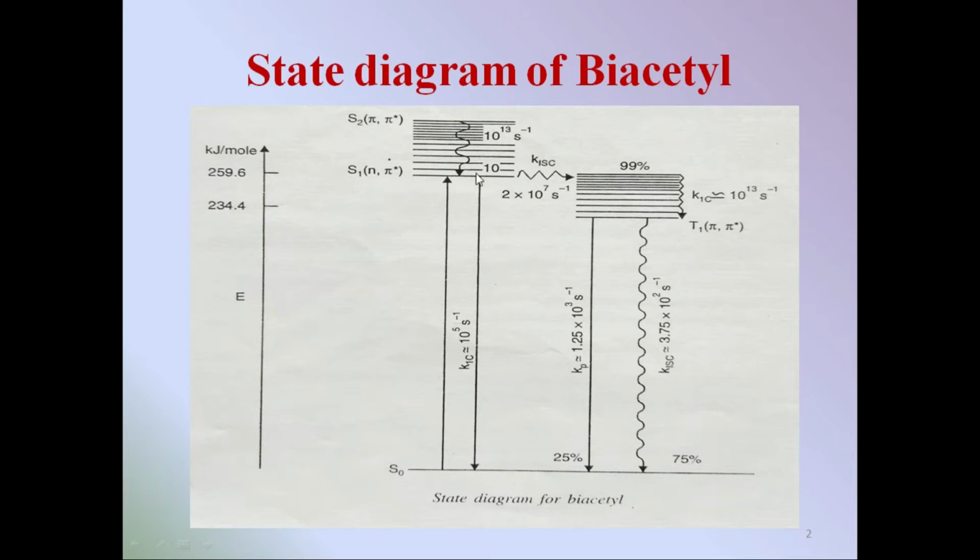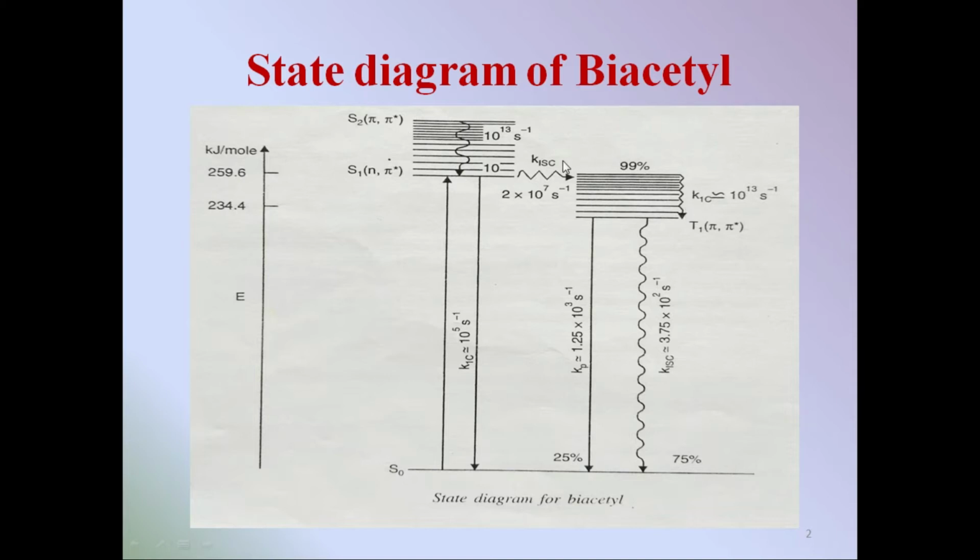A blue shift in a polar solvent suggests an n pi star state, that is non-bonding to pi antibonding state, and the red shift suggests a pi pi star state, that is pi bonding and pi antibonding state.